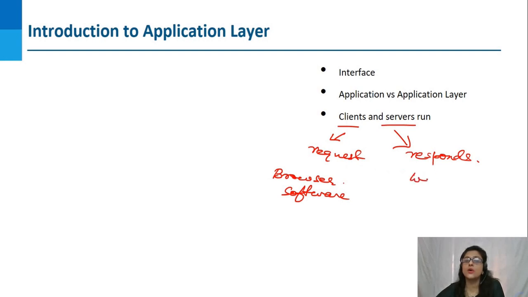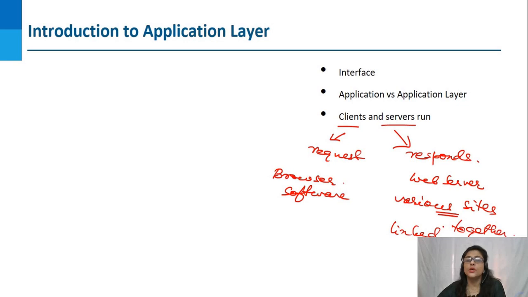And there is a web server which has all the web documents in various sites which are linked together. So whenever a request is given, the server responds by placing the web document from its websites.